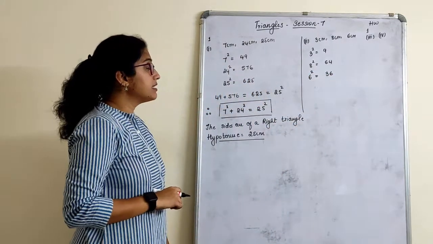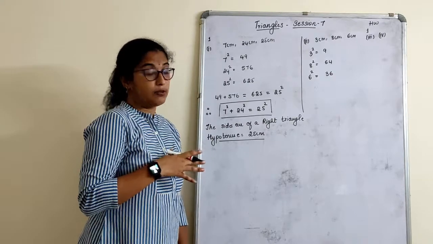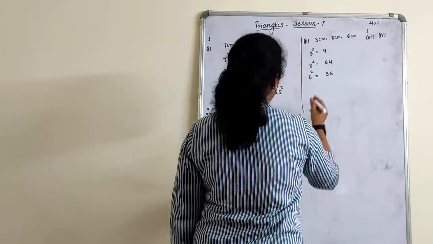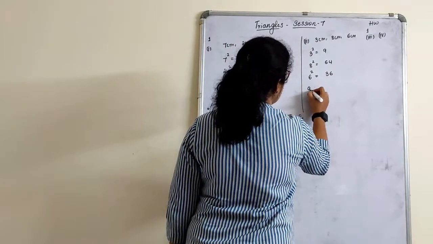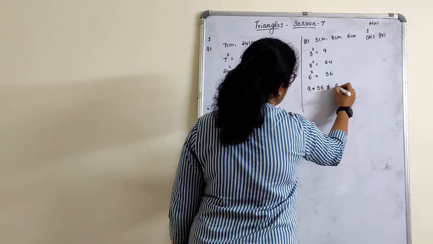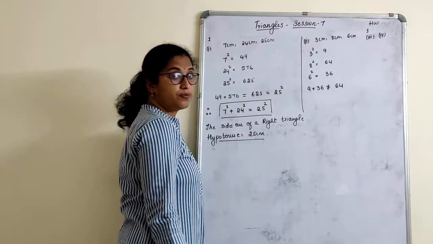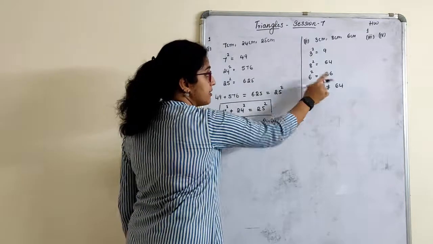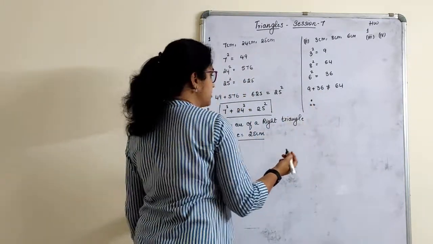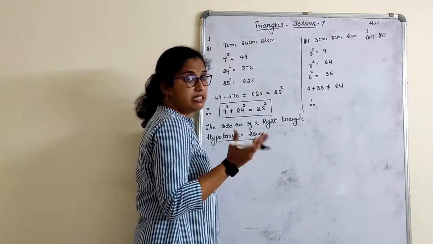It is not necessary that you add 3 and 8 only. Always add the smallest two numbers. So we will add 9 plus 36, which is not equal to 64. Right? 9 plus 36 is not equal to 64. Therefore, the given sides are not of a right triangle.